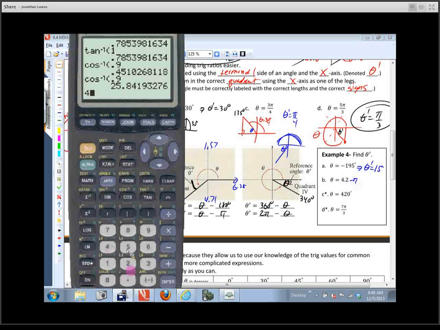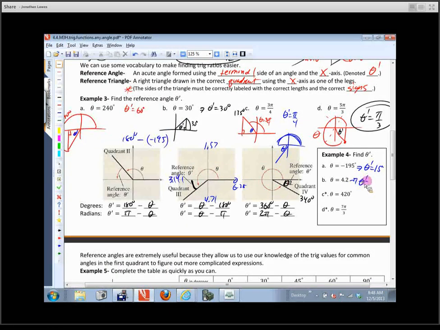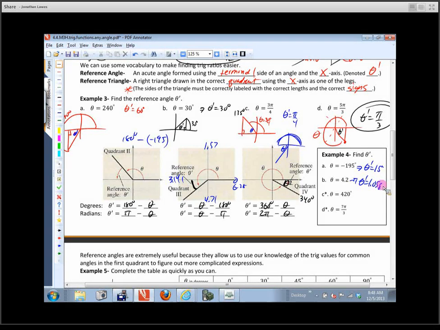So we're going to do 4.2 subtract pi. 1.058. Does the size of this angle right here look like roughly 1 radian?